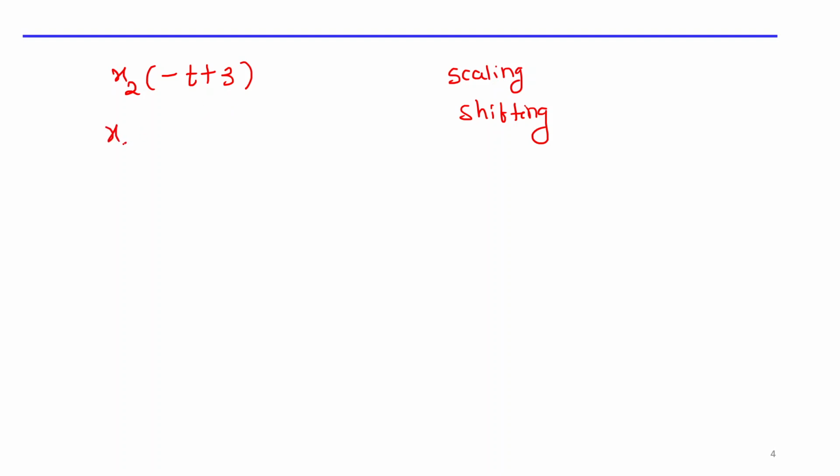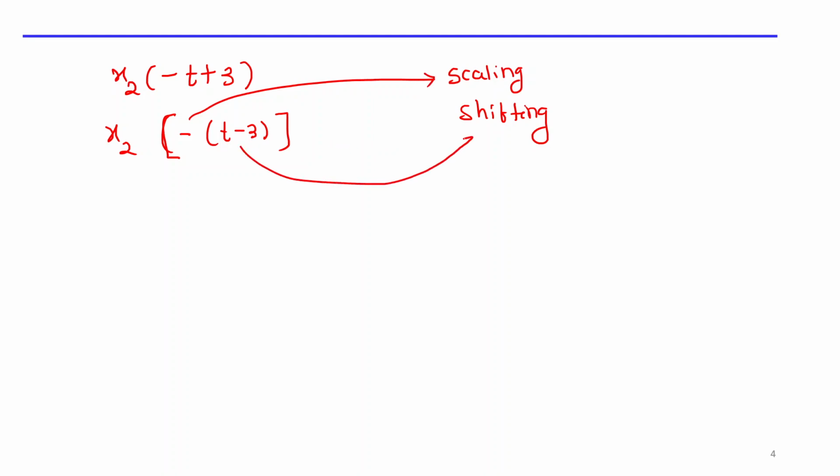Take a minus common from x2, and then it is represented by this. Now, for one second forget about the minus sign. The minus is called the scaling factor, multiplied by minus 1, and this t minus 3 is called the shifting factor.